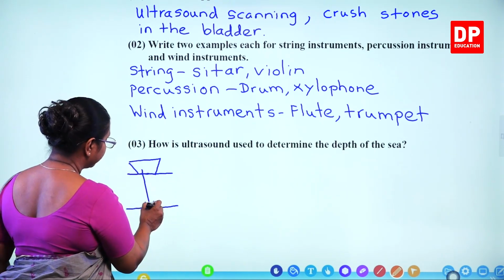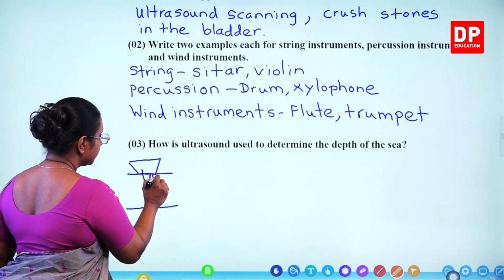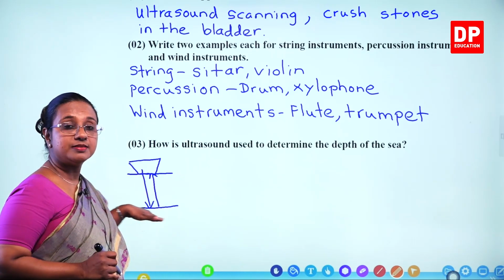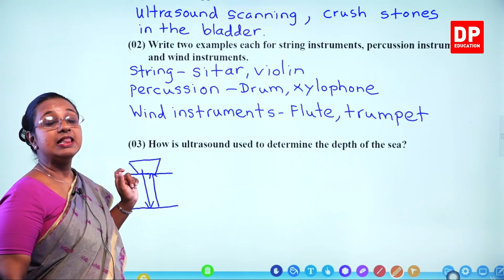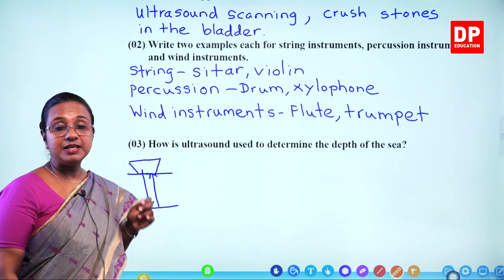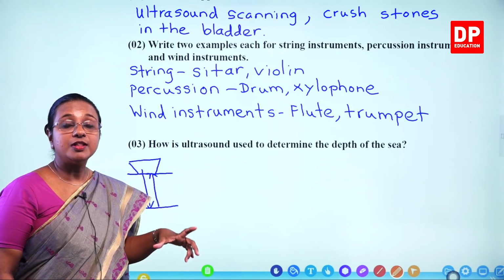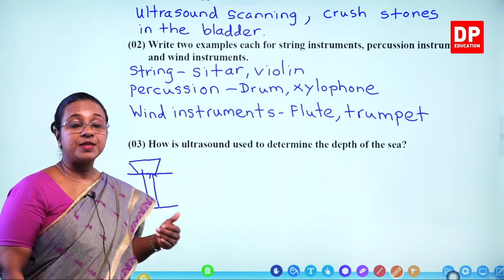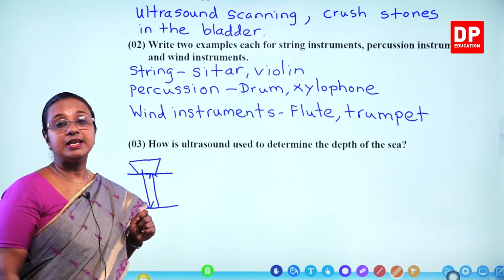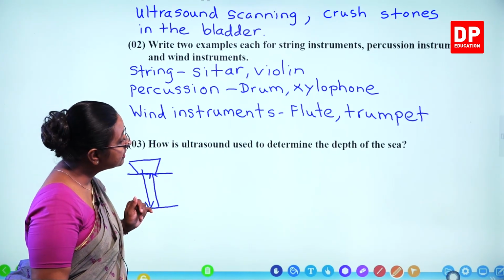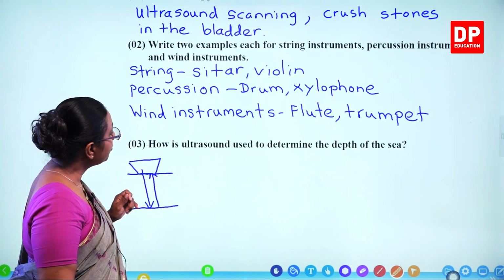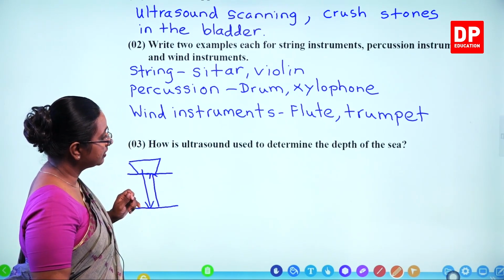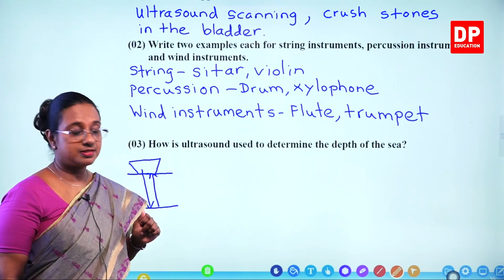It gets reflected by the seabed, and when it reaches the ship again, the detector can determine the time taken for the sound to come back. So from that we can calculate the distance or the depth of the sea.